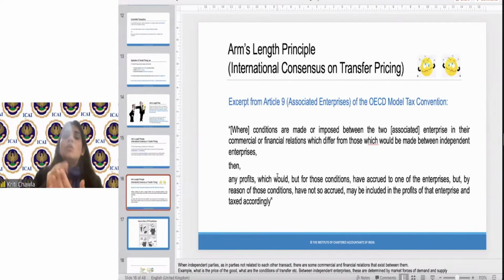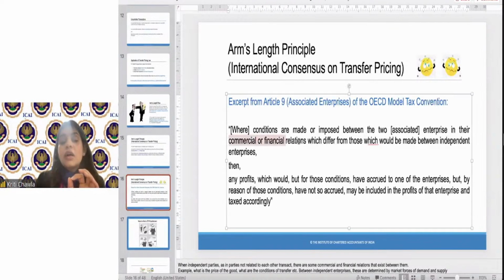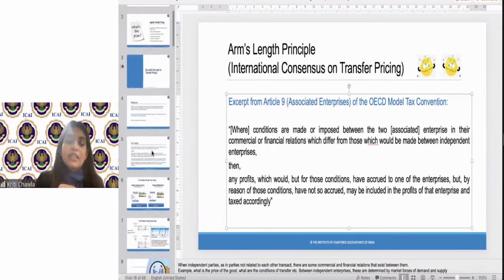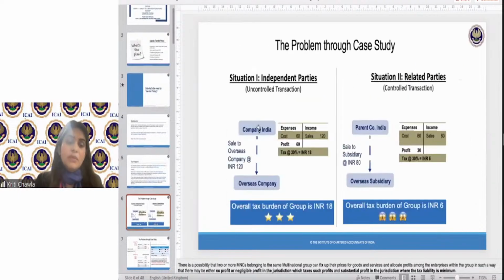But this is what it basically means: when independent enterprises are transacting with each other, there are commercial or financial relations which exist between them. In this particular example, when two independent enterprises transacted between them at 120, there were some commercial or financial relations between them. What were these?